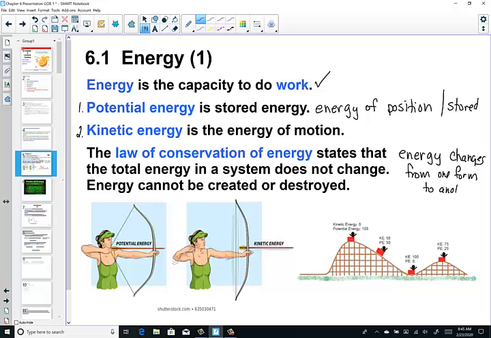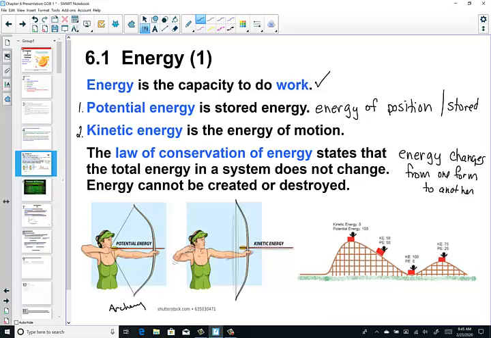But the amount of the energy in the universe is constant. A great example of potential energy, and I know this is archery, which is coming up in the Summer Olympics, is pulling back that arrow, pulling back the string on the bow and having the arrow ready to launch. When that position is as far back as that lady can possibly pull, she's got potential energy stored in that bow.